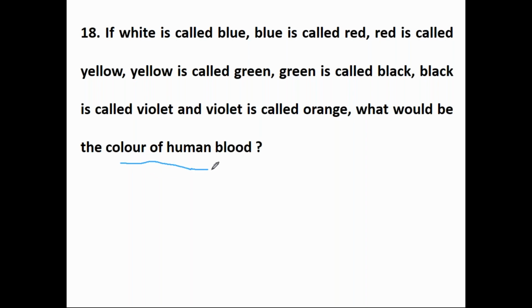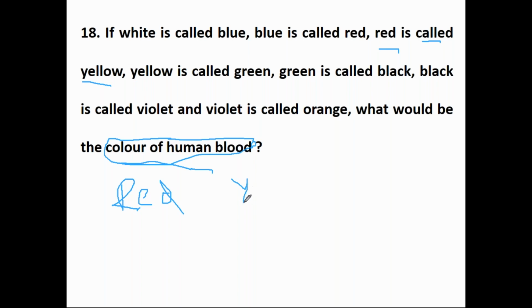In general, leave it about the data. In general, what is the color of human blood actually? Red, sir. Red is the answer. Okay. But in substitute coding, what is the meaning of red? What is the red called?